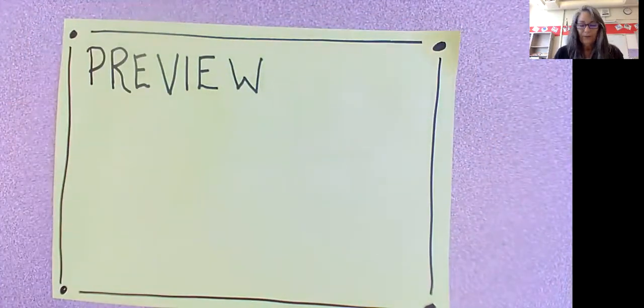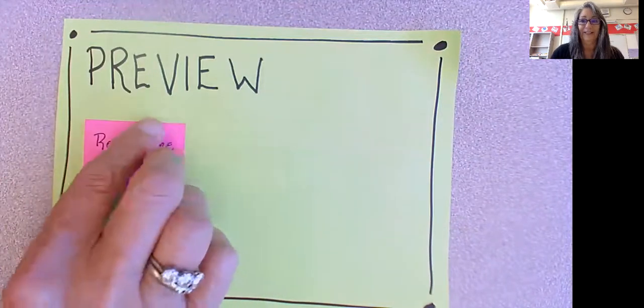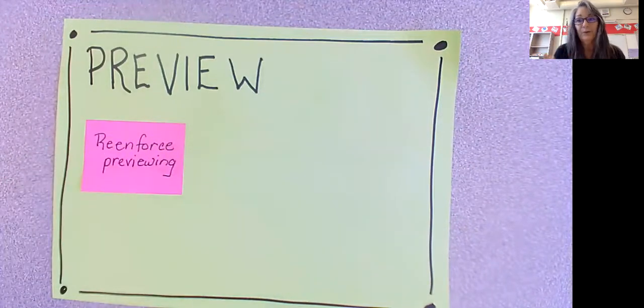And we teach kids to preview books from the beginning, kindergarten, and they don't do that independently. So one thing that a preview conference is good for is just reinforcing previewing and getting kids to do that and modeling that with them.